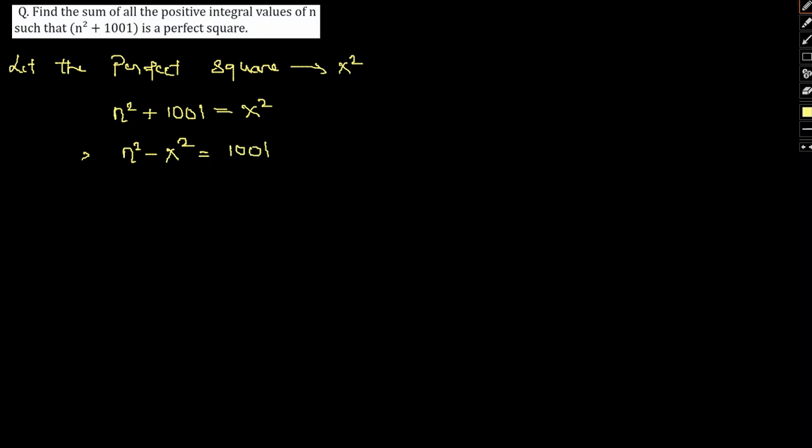So this I can write as n square minus x square equal to 1001. Let me try and split this up. 1001 is a multiple of 11, odd and even, so 91.